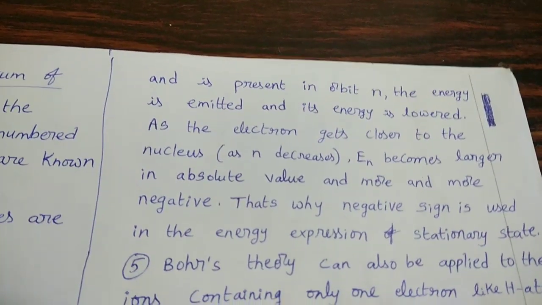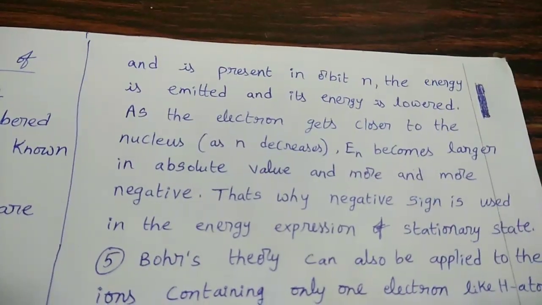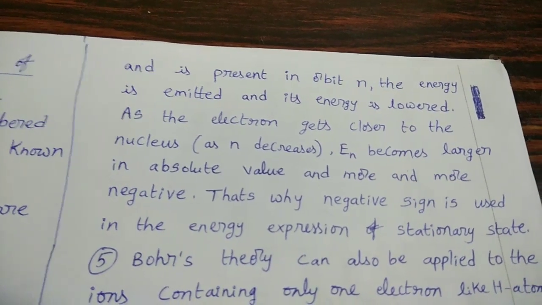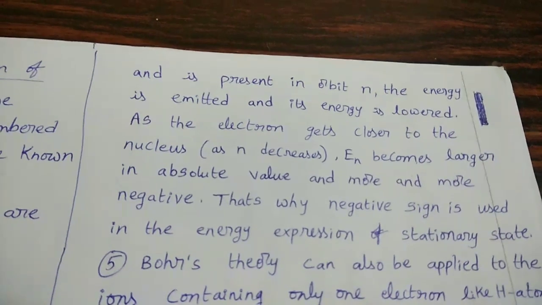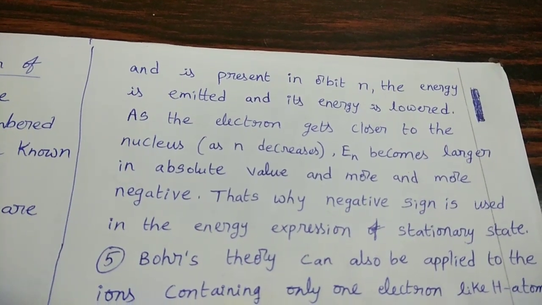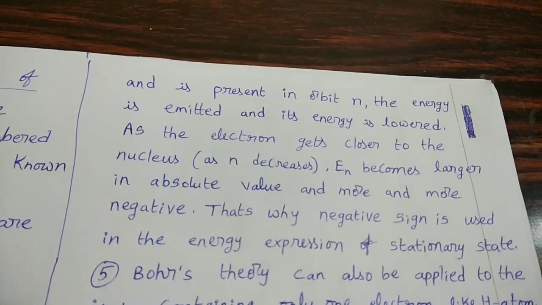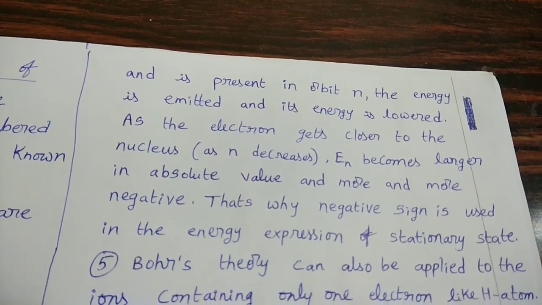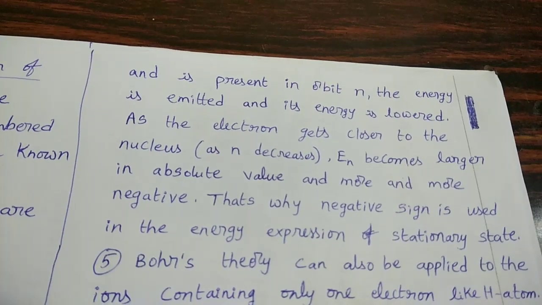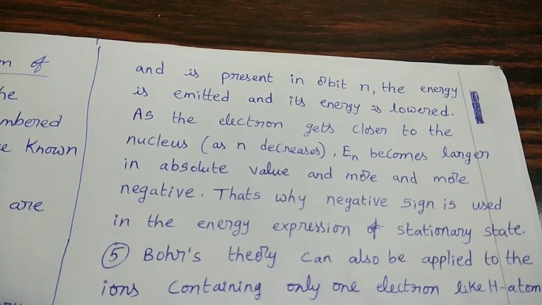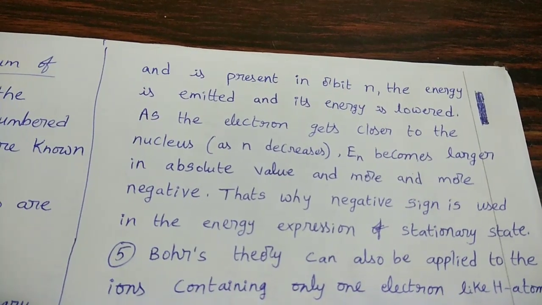In the previous classes, we completed the energy expression En equal to minus 13.6 into Z square by n square electron volt per atom. There the minus sign indicates the electron is present in the close vicinity of the nucleus. That means in the first orbit the electron is present, it has released some energy. That releasing nature is expressed by using a negative sign.